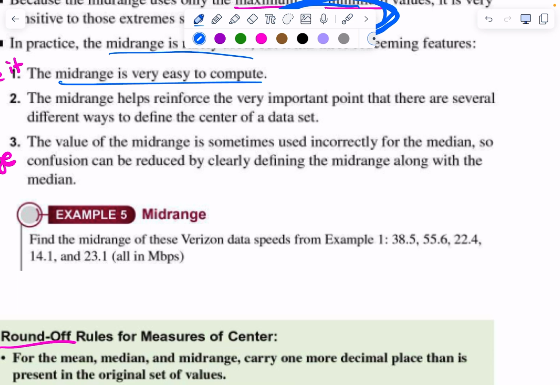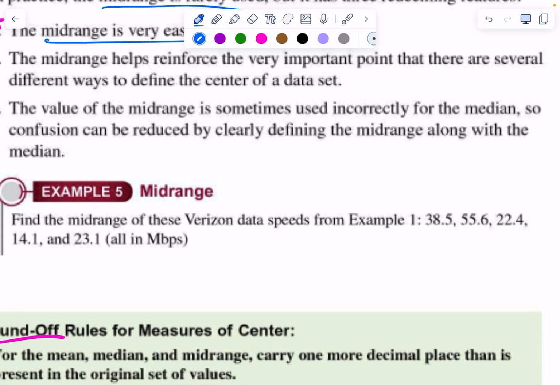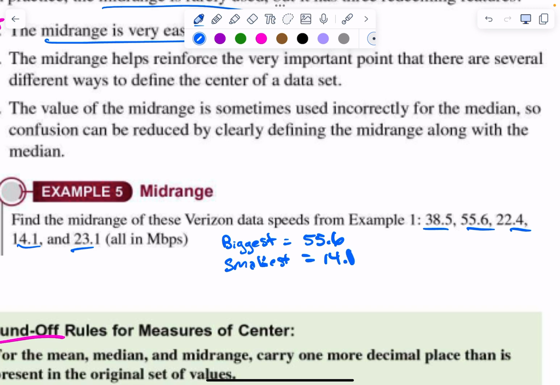All right, here we go. Let's find the mid-range for this data set. We have 1, 2, 3, 4, 5 numbers. The biggest number is 55.6. The smallest number is 14.1. If I look at my data set, I think the middle number is 23.1, so this is the median.